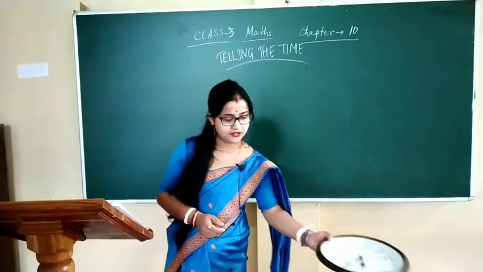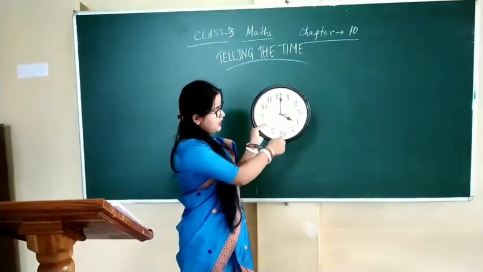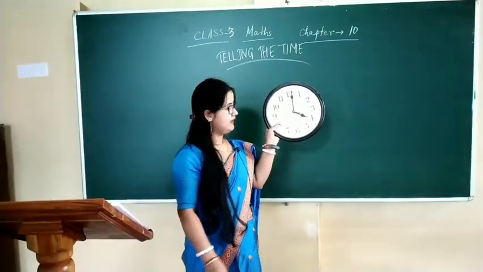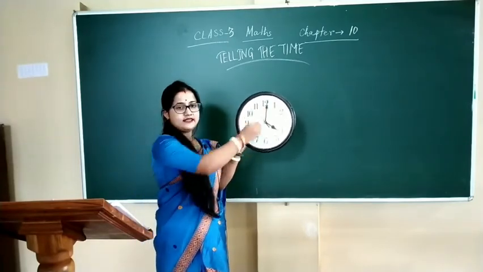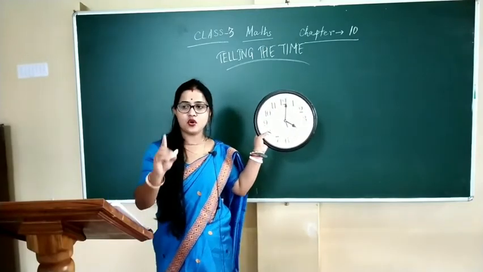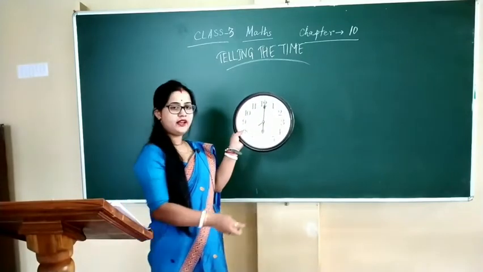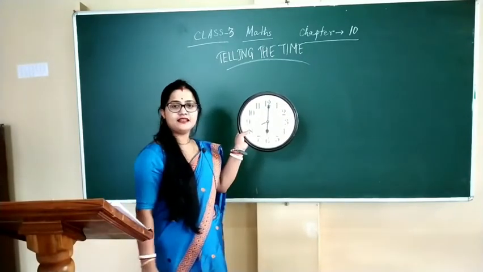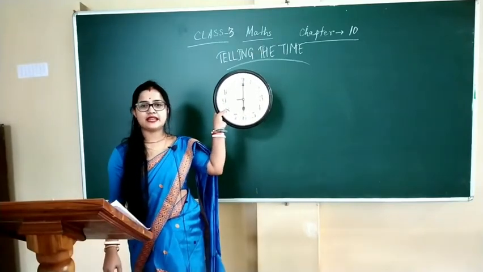Come, I will teach you to see time. See, the short one is the hour hand, and the short one is in 4, and the long hand is in 12. So we will say this is 4 o'clock. Similarly, the short hand is in 6 and the long hand is in 12. So what's the time now?